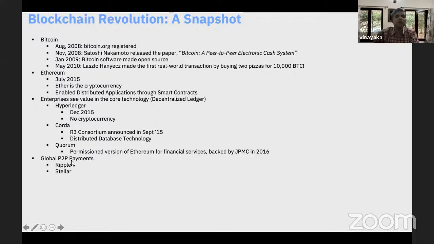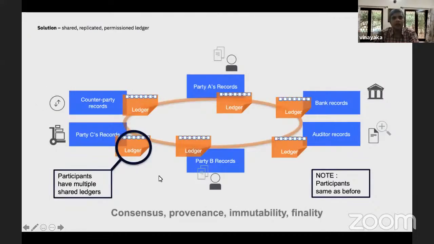And then we have a lot of networks which are meant for special purposes. For example, payment is a very popular application, and there are networks like Ripple and Stellar, which are used for payments. So in general, the blockchain is trying to solve this problem: there are multiple parties who have to collaborate to solve some big business problem. In the previous problem, it was a bunch of suppliers, a manufacturer, and an assembler.